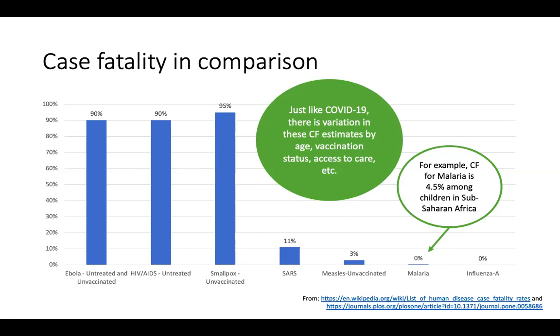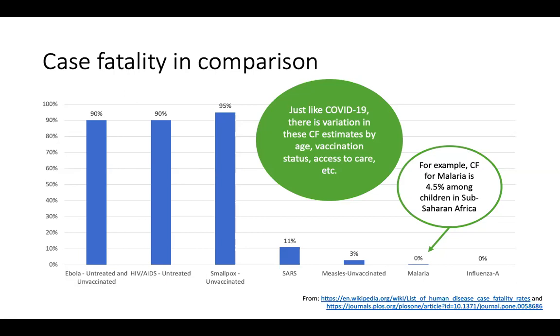But each of these estimates, you have to think of very carefully. This is just an average, and what we know for a lot of these, just like COVID-19, is that there's a lot of variability. If you take the malaria example, in aggregate, if you're infected, less than 1% of individuals die from malaria.